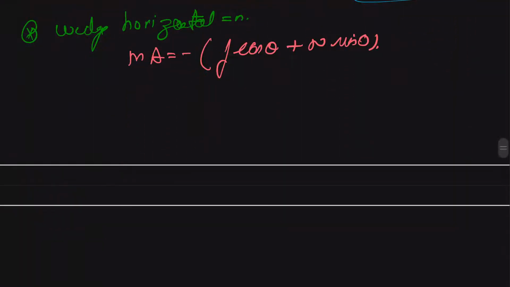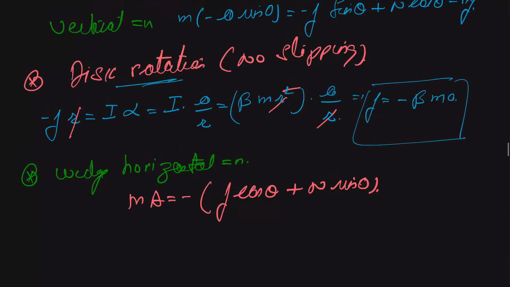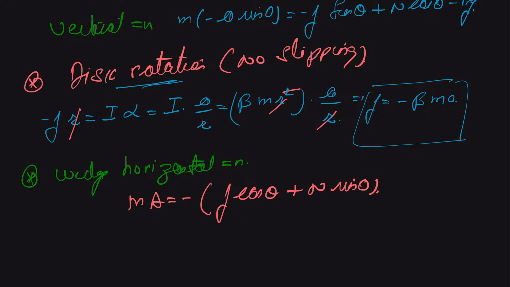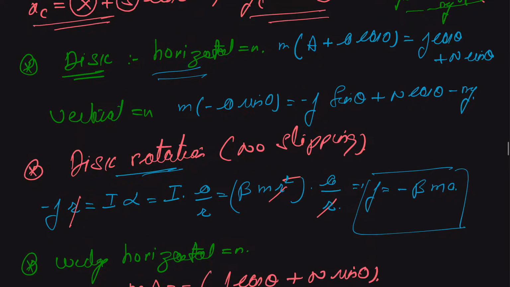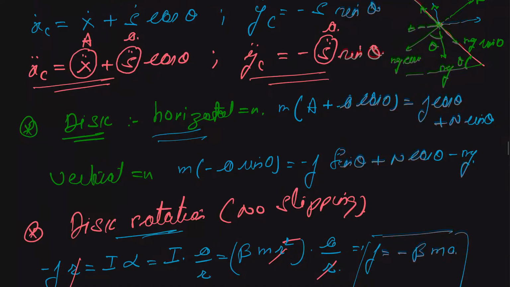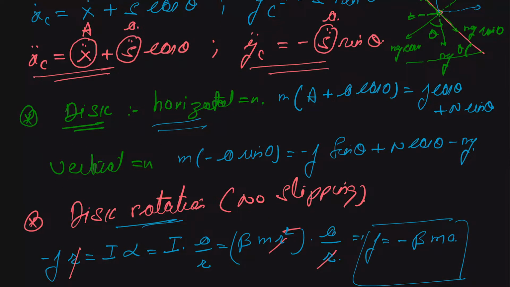Okay. Now we are going to simply eliminate because we only require the acceleration of our disc as well as the acceleration of our wedge. Okay. So we are going to sort out, and let me call these equations as the horizontal equation. Let us call this as equation number 1. Vertical, let us call this equation number 2.